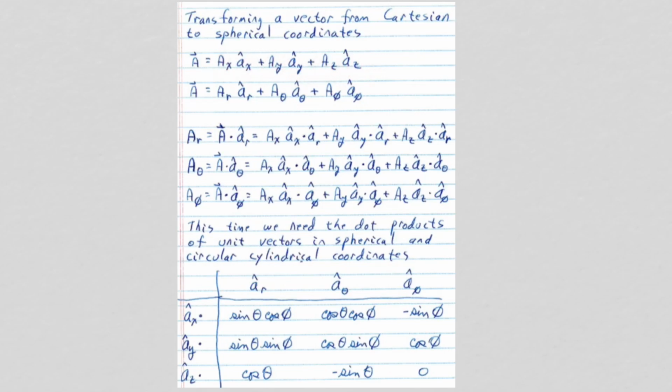If we take this representation and dot both sides by the unit vector in the r direction, on the left-hand side we'll have our vector dotted with our unit vector in the r direction. On the right-hand side, a sub r dot a sub r is 1, so that will just leave the component in the r direction. A sub r dot a theta is 0, and a sub r dot a phi is 0.